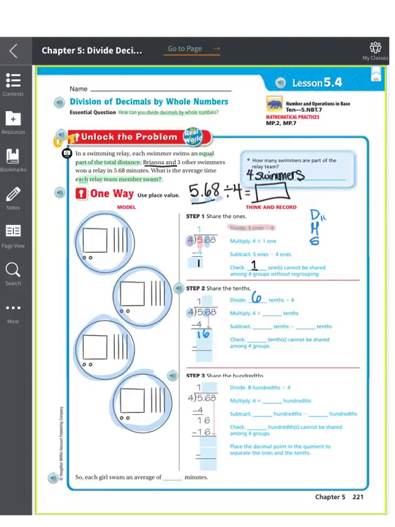Remember, this is divide, multiply, subtract, bring down.